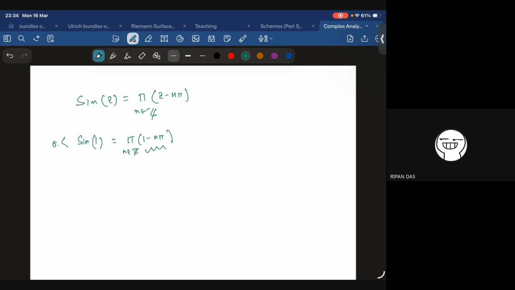Yeah, I understand. But can we define the sum? I mean, we are sort of expecting the right hand side to converge, right?